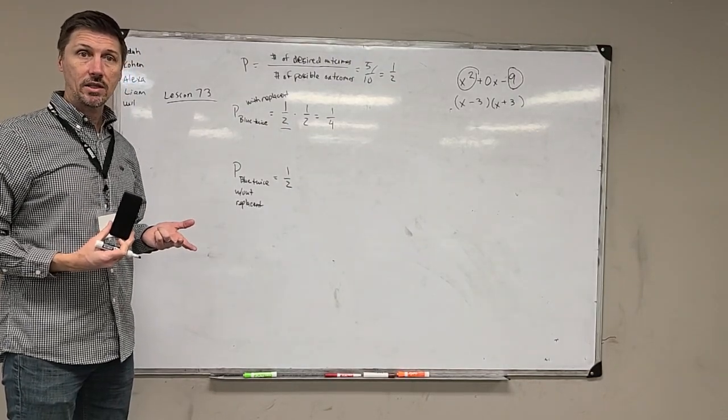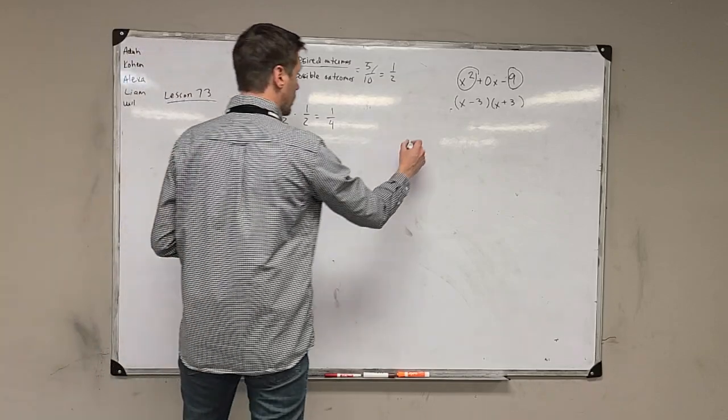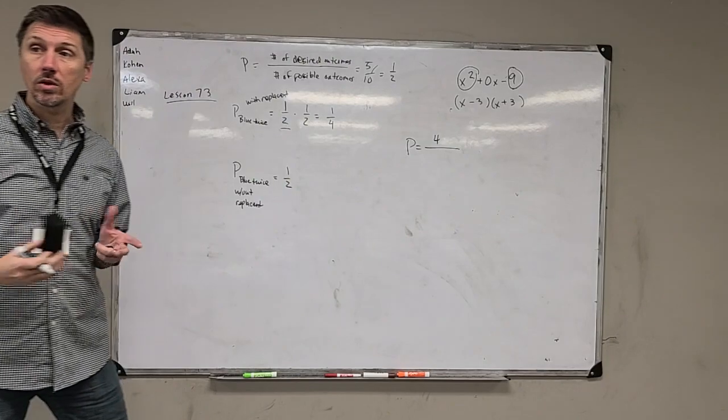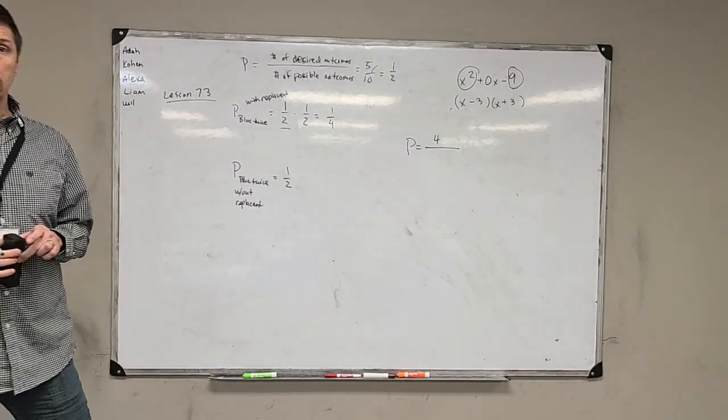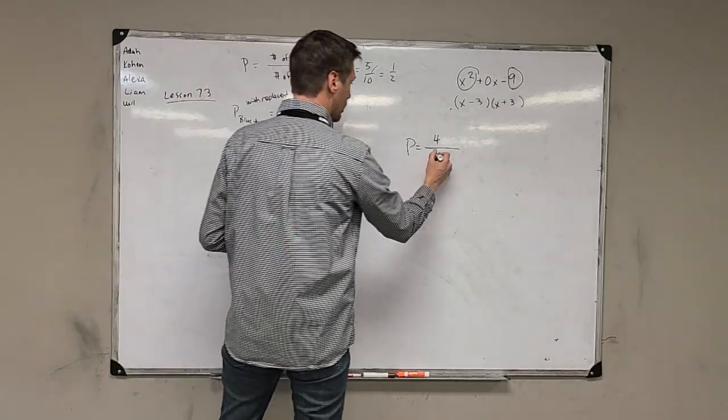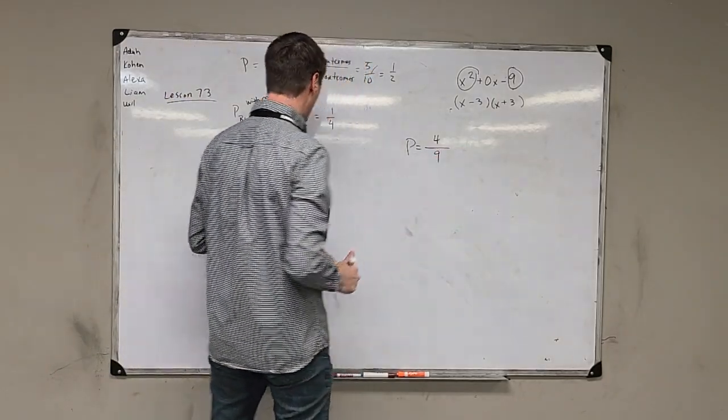Does everybody see that? So for the second time there are only 4 blues I can choose from. And what's my total number of marbles? Is it 10? I kept 1, so it's 9 now, right? So 4 divided by 9 is the probability of the second one.